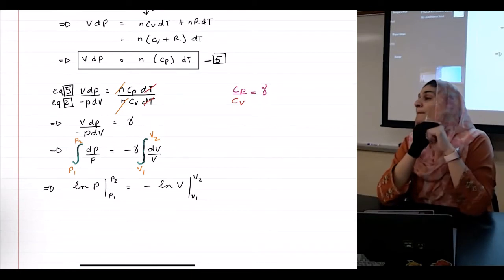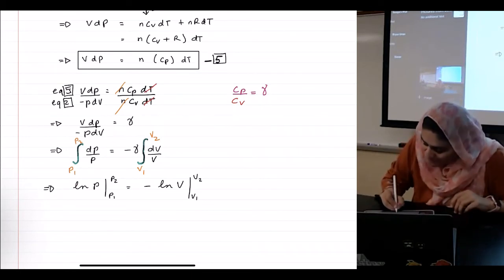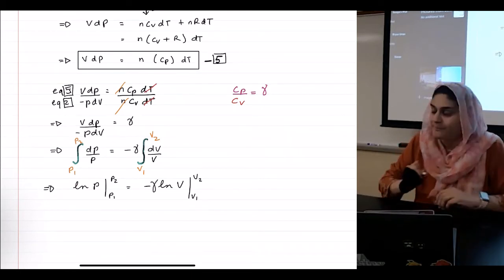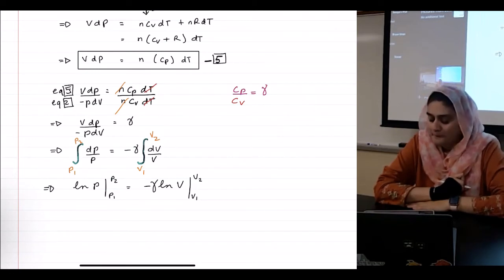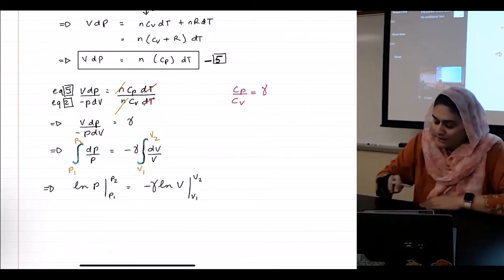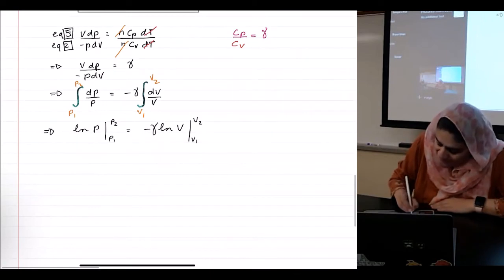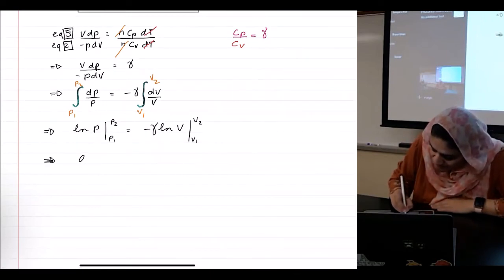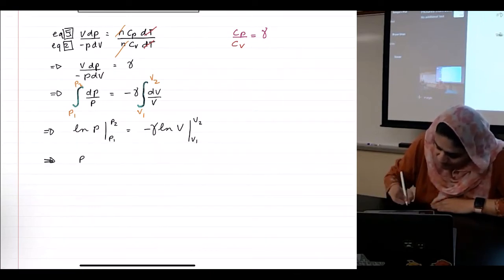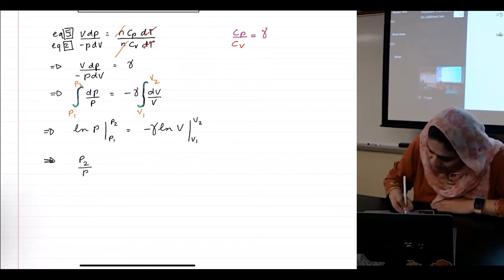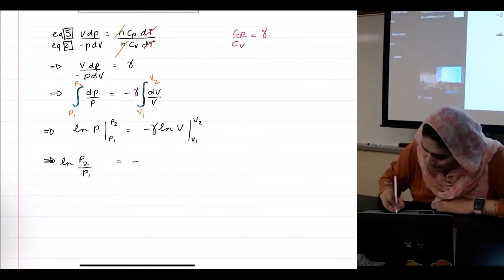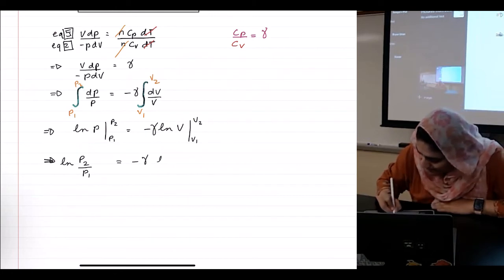Yes. Oh, gamma is still there. Sorry, I forgot. Nothing happens to gamma. Good point. Okay, may I then rewrite this as log of P2 over P1 minus gamma log of V2 over V1.